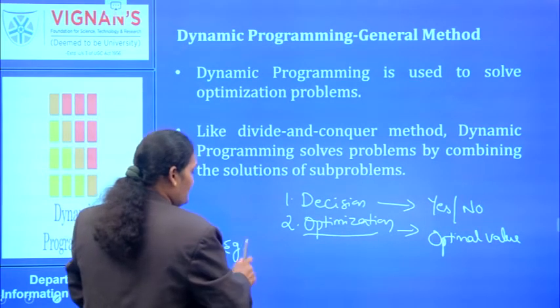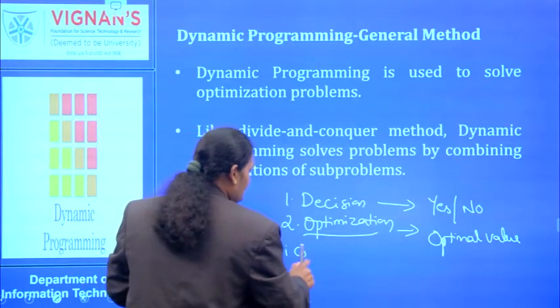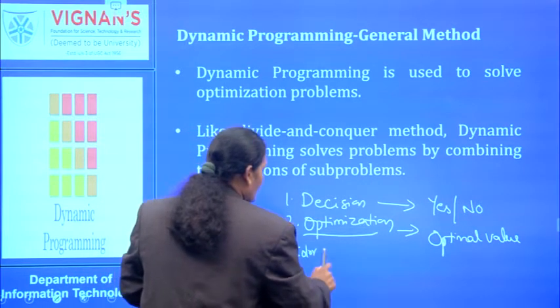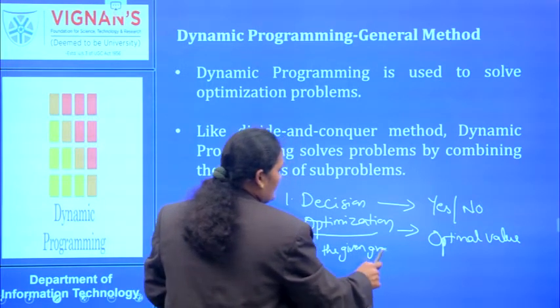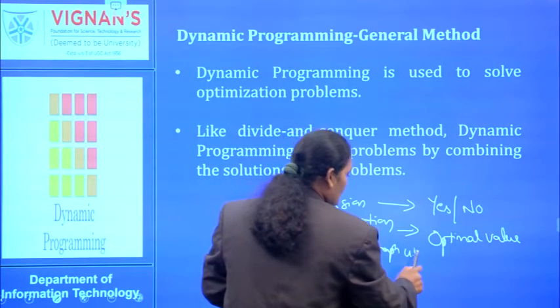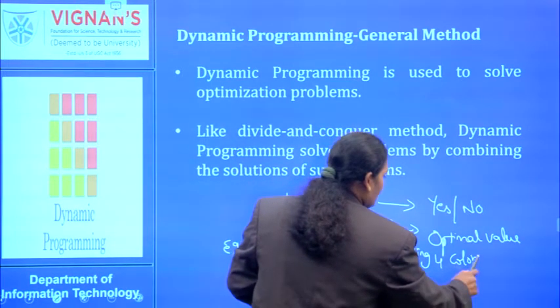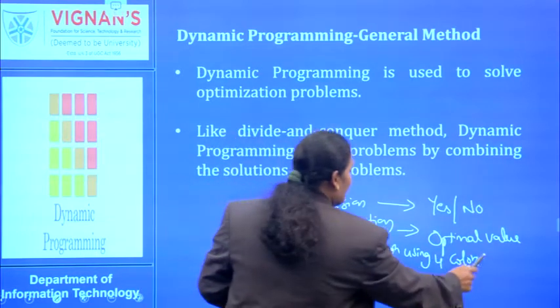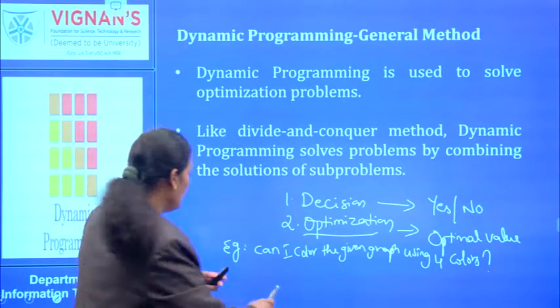For example, I am asking a question: can I color the given graph using 4 colors?